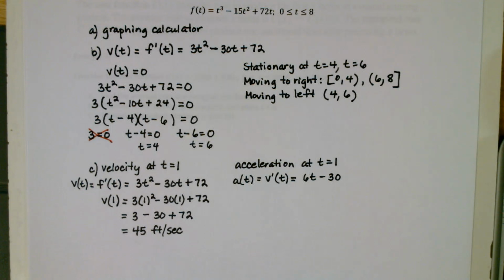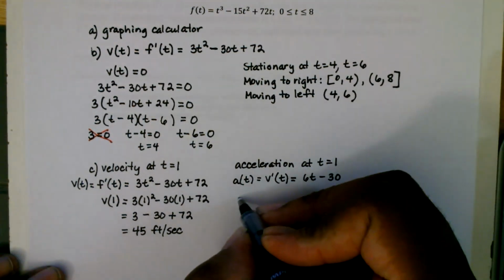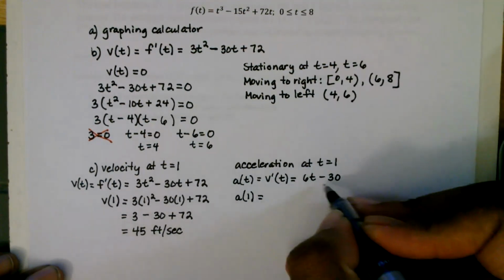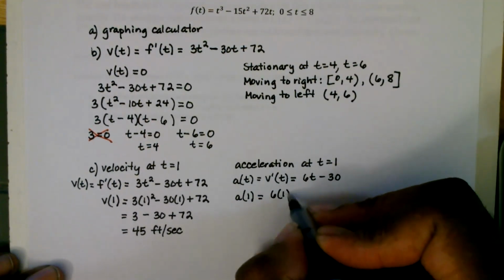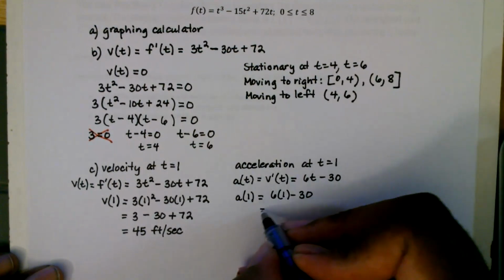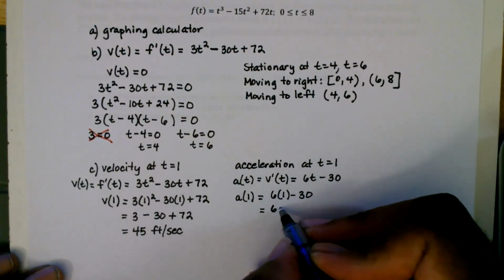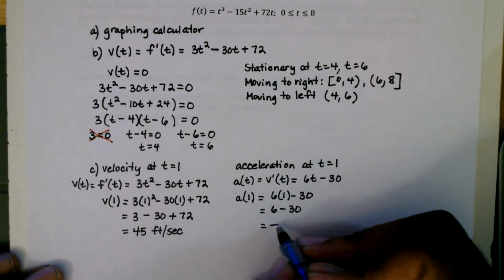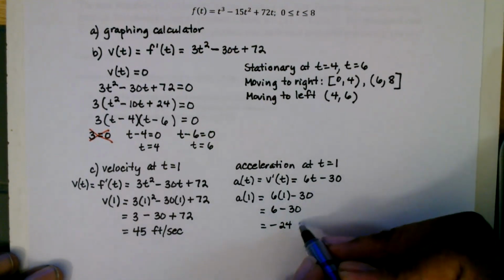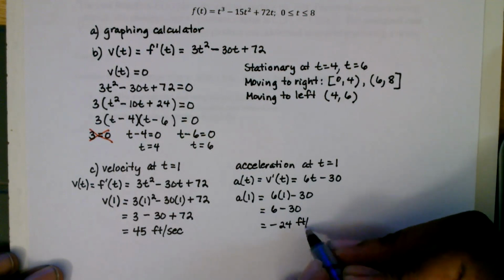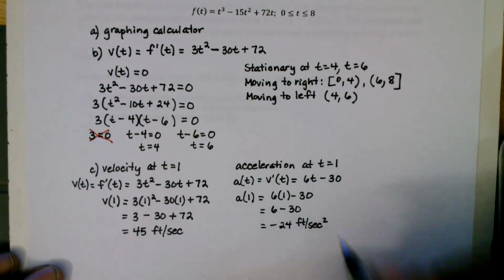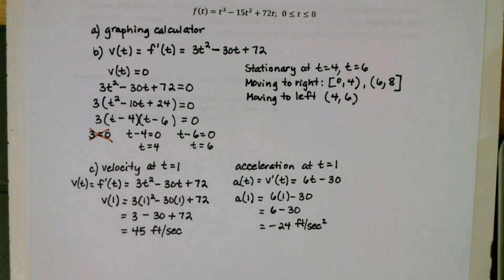Now, let's find out what that acceleration would be at t is equal to 1. We just substitute the t with 1. You'll get 6 times 1 minus 30. 6 times 1 is 6. 6 minus 30 would be -24. And our acceleration is going to be in feet per square second. So the acceleration at t is equal to 1 would be -24 feet per square second.